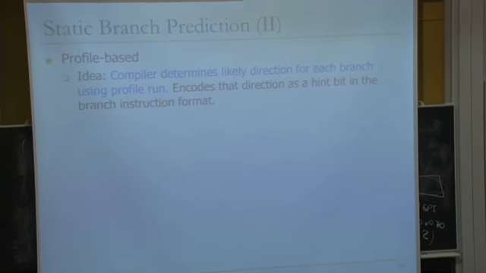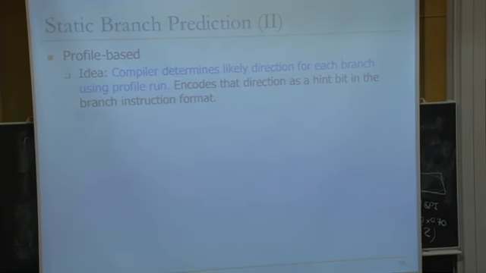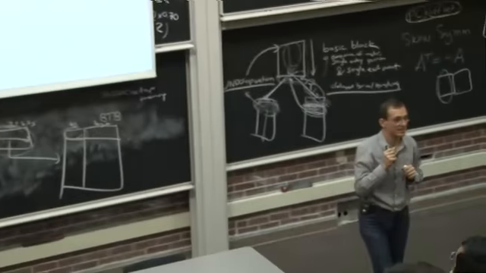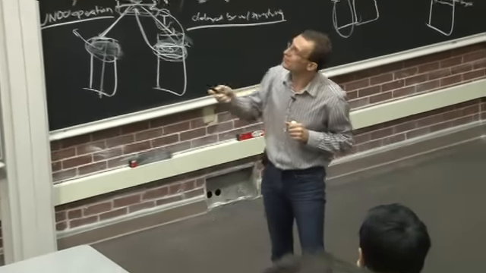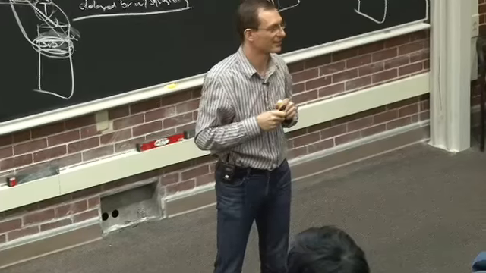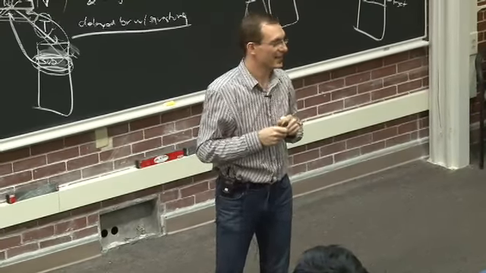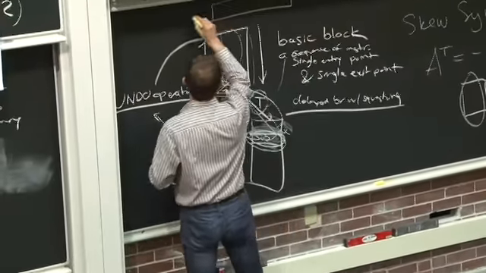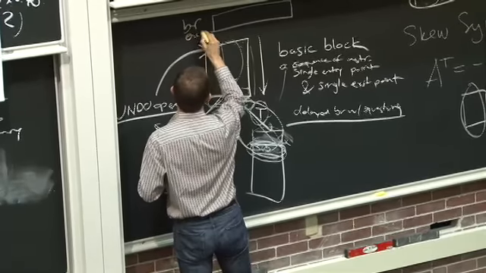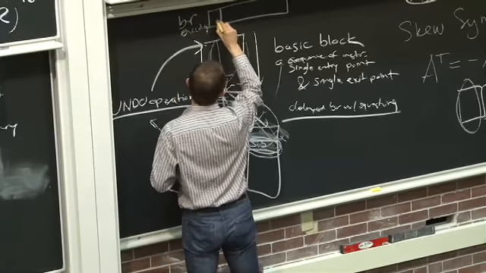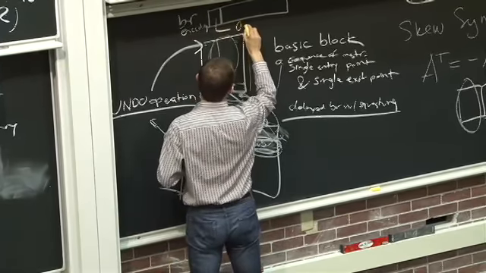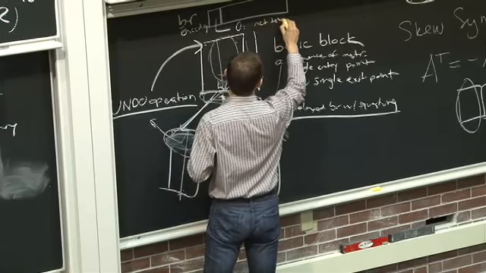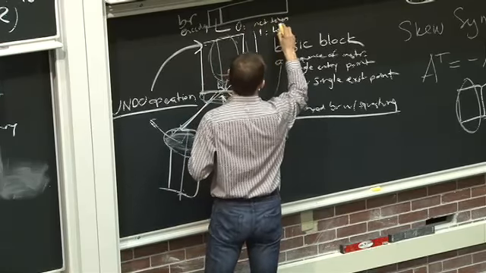One approach is profile-based. What if the compiler profiles the code, runs it with representative input sets, and for each branch determines the likely direction given that input set. There is a single bit in the encoding of the branch instruction that says if this bit is 0, then the branch is predicted not taken, otherwise predicted taken.